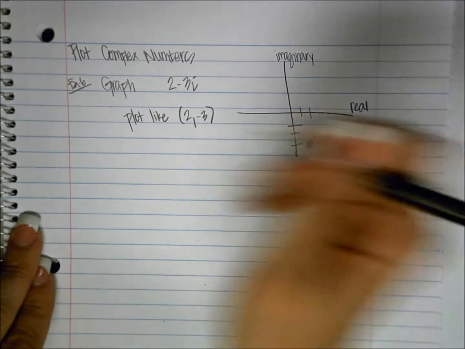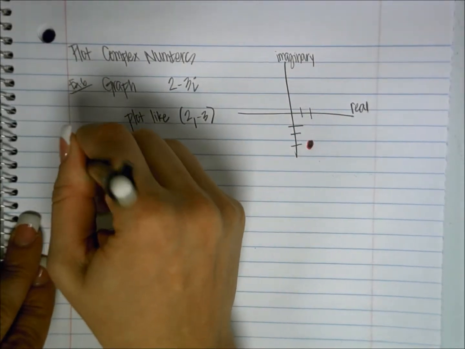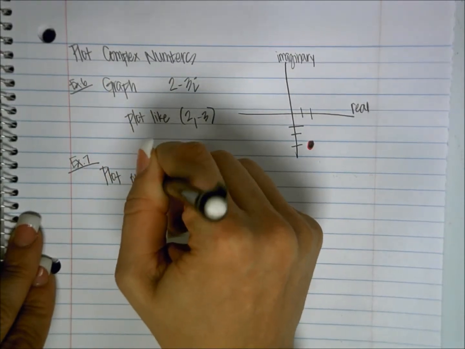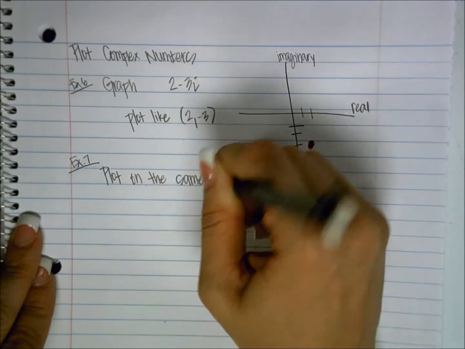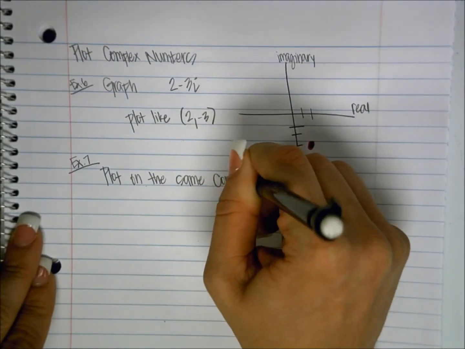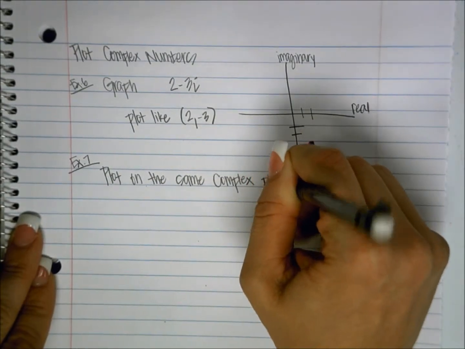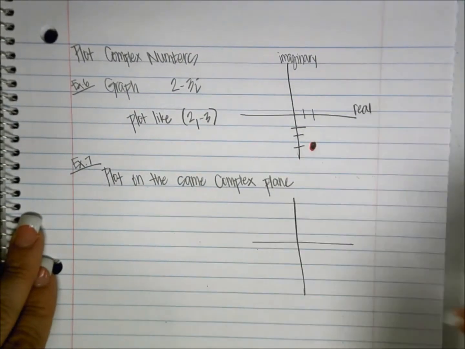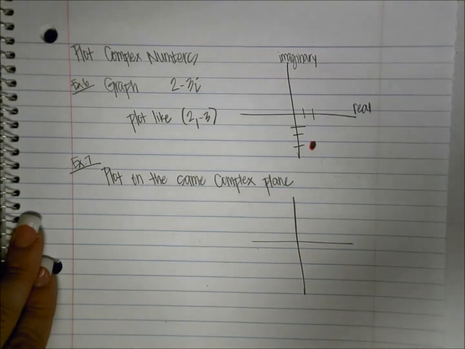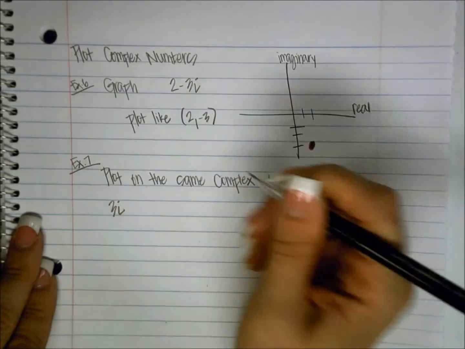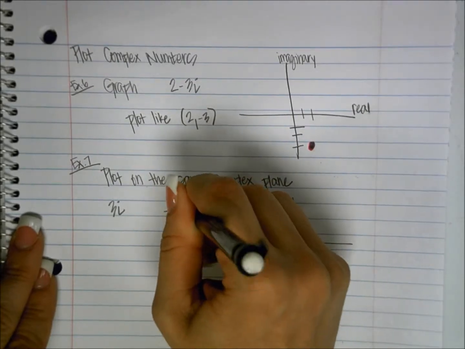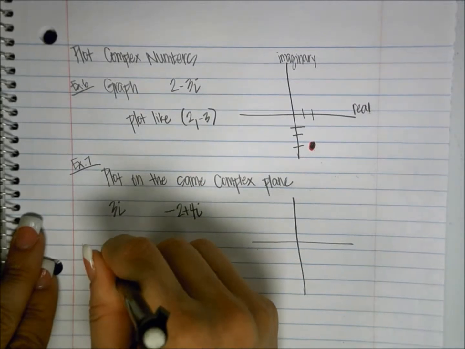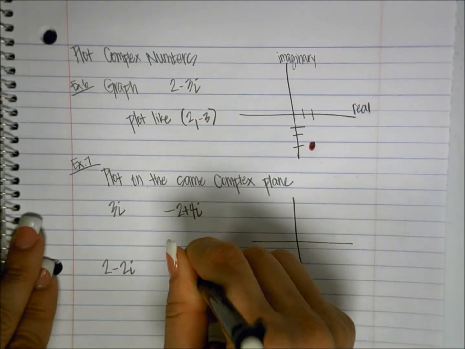One more for you. For number 7, I would like you to plot on the same complex plane, on the same axis or the same graph, 3i, negative 2 plus 4i, 2 minus 2i, and negative 4i.